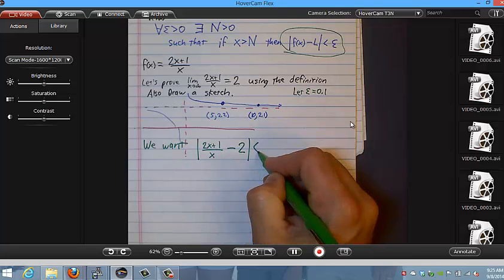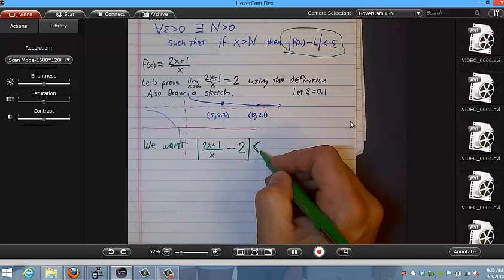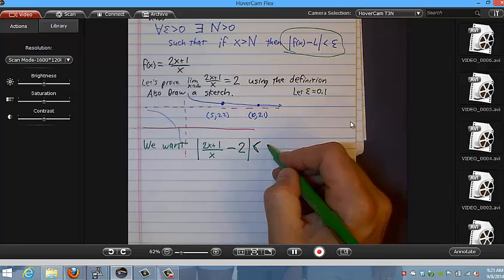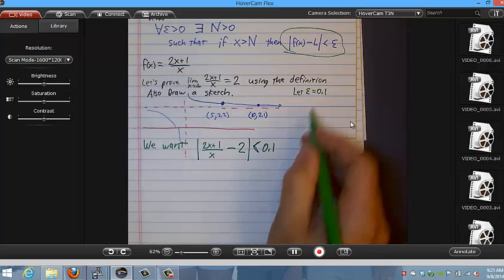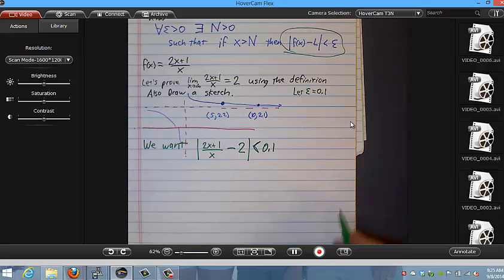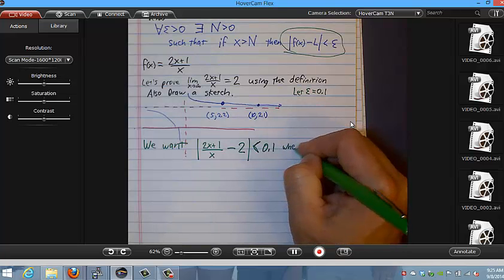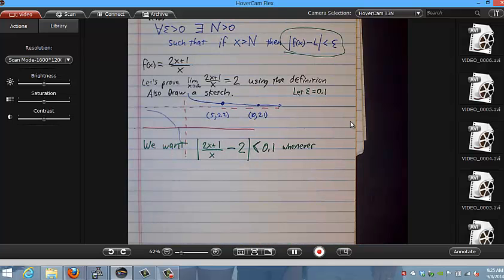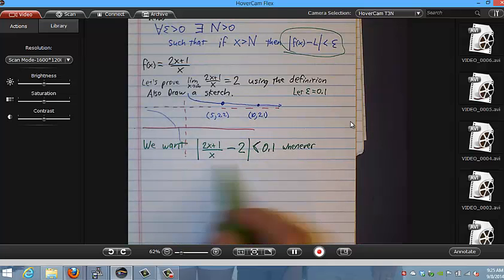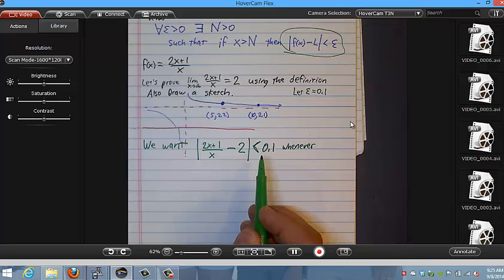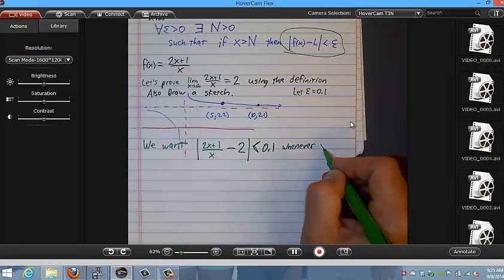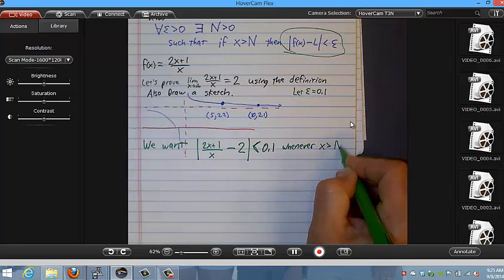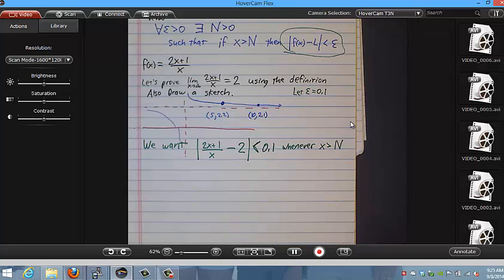To be less than, well, 0.1 is what I'm saying epsilon is. Whenever, let's use that. That allows us to kind of reverse the order we think about it. We want this to be less than 0.1 whenever x is bigger than some number n. That's what we want.